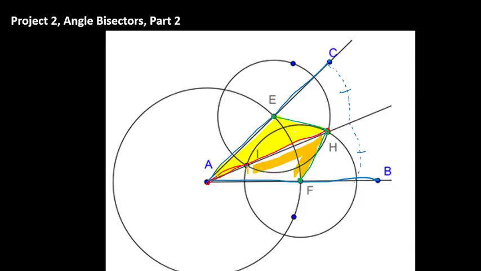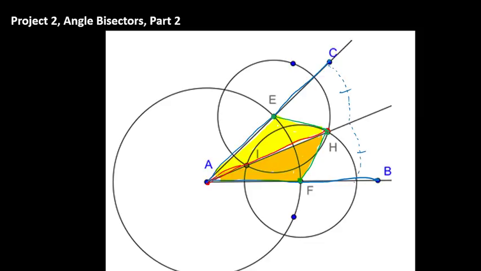So let's review again what we've said so far, because I've been color coding and stopping and going as we've gone along. So let's see where we're at. We're claiming that AH is an angle bisector of angle CAB, and then they said assume we connect points E and H and F and H to create these line segments.